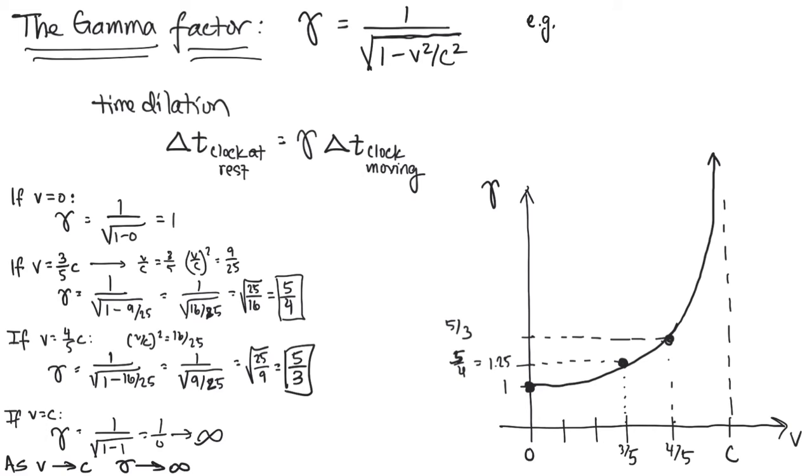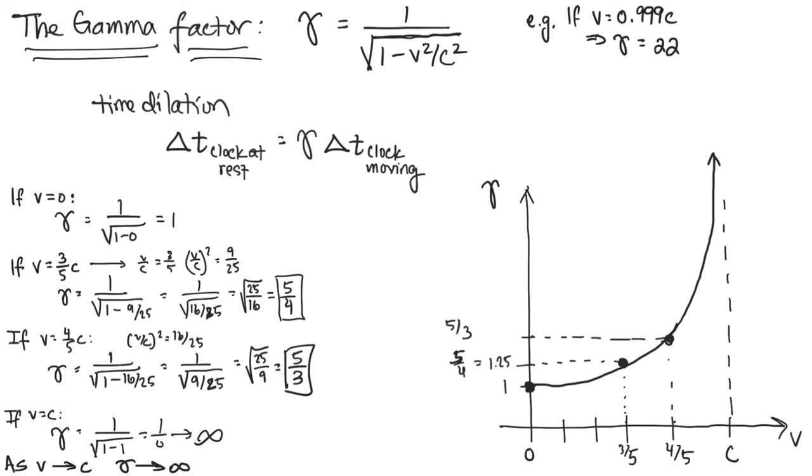Just as an example, if the velocity is 0.999 c, then you can calculate what gamma is, and you'll find that gamma is 22. So if we look at our scale here, we have 1, 1 1/4, 1 2/3, and then as we get to 0.999 c, we're up at 22, which on this graph is off the page.